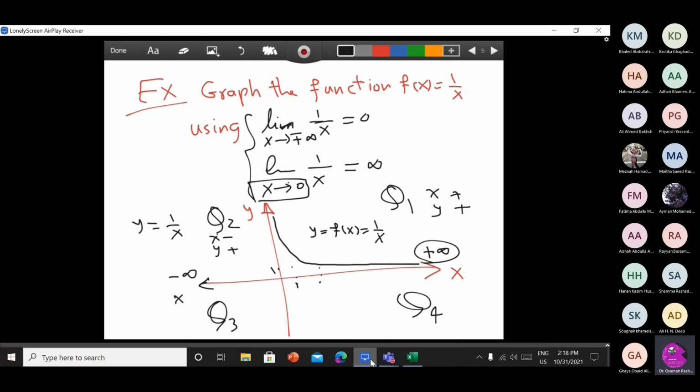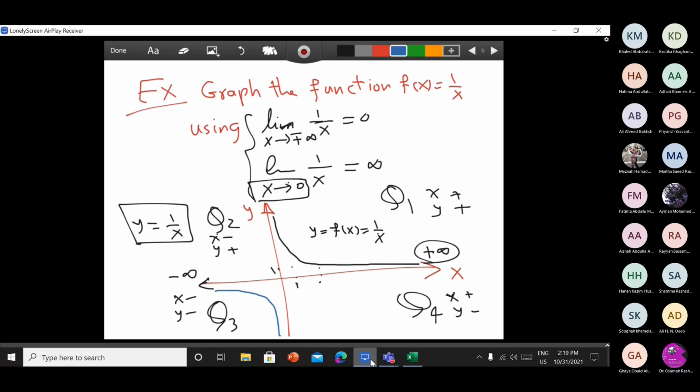Here, x is negative and y is also negative. In this fourth quadrant, x is positive and y negative. So for y equal to 1 over x, if x is negative, y is also negative, so my function will be in the third quadrant, right? So yes, it will be like that.